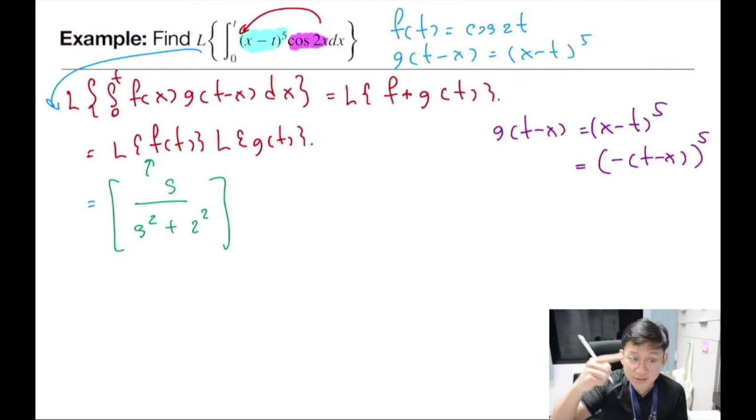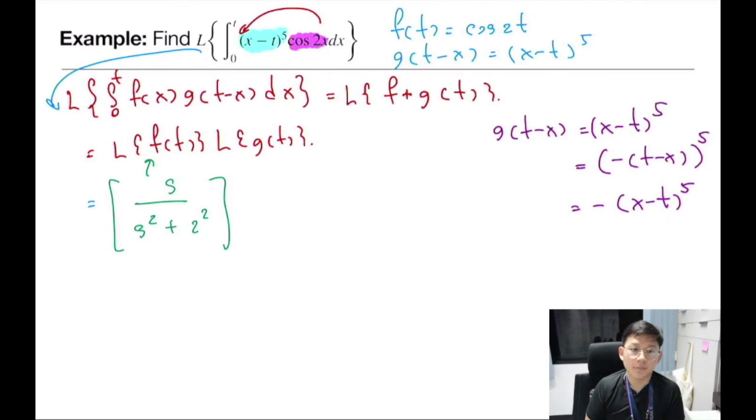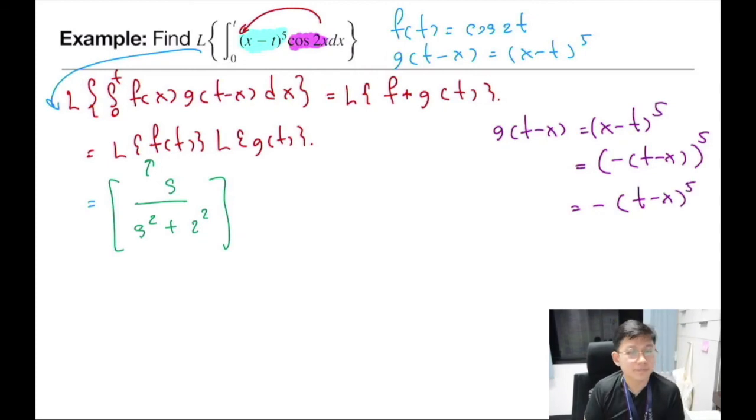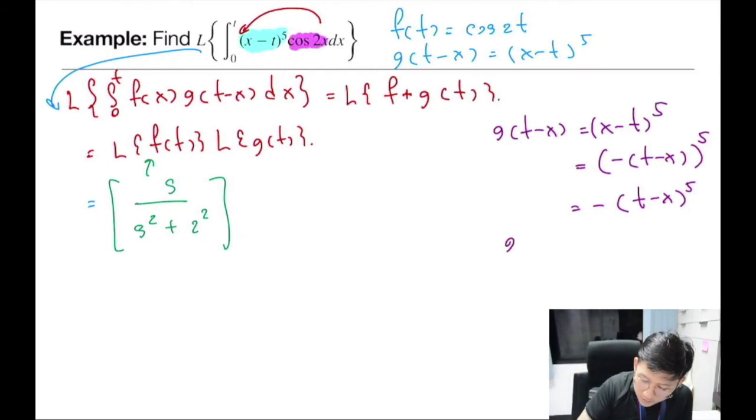Because minus (t minus x) is x minus t. So g(t minus x) is minus (t minus x) to the 5, so g(t) would be minus t to the 5.